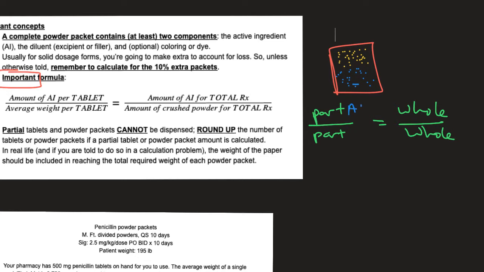So the AI in one part, or the weight of one AI, or the tablet, divided by the tablet in one part, or the weight of one tablet, equals the whole mass of the AI for the whole prescription, divided by the whole weight of the crushed powder, since you're crushing the tablet to give you your crushed powder.